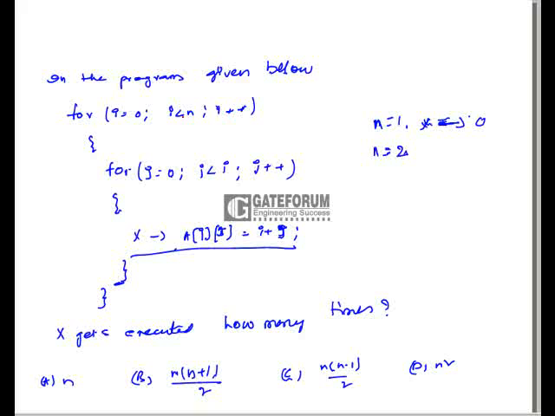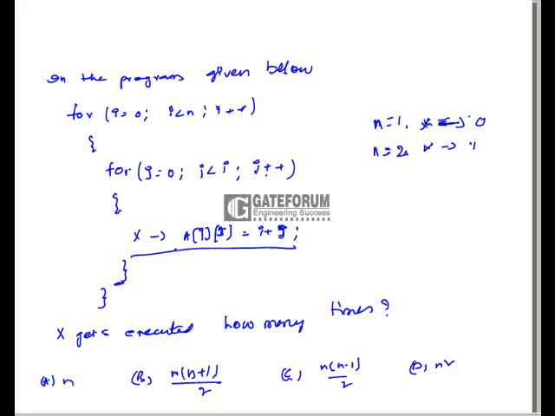So here i is less than 2, 1 is less than 2, so this is satisfied. Here j is equal to 0, and now the i value is 1, so this condition will be satisfied. So the statement x would be executed once.